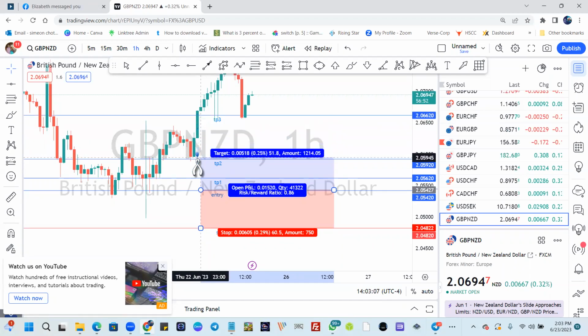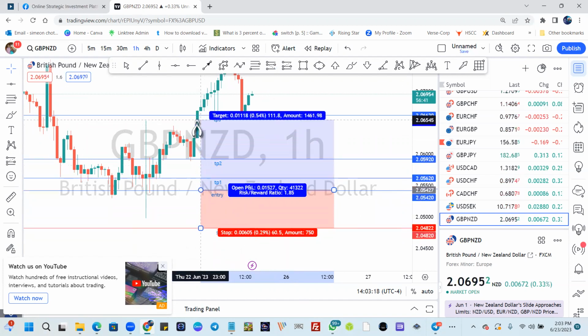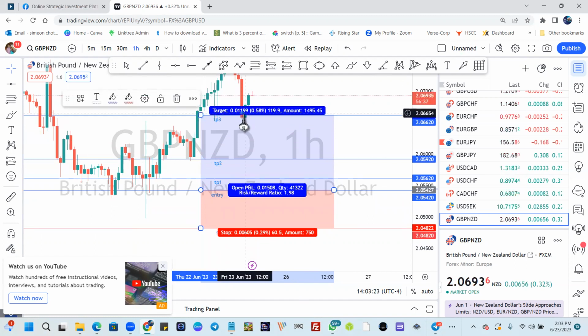So remember, you're risking now on this particular entire idea, if you're doing 0.01, you're risking $6 to earn, right, 119 pips. So you would be risking now $6.